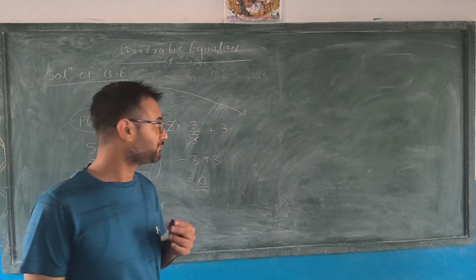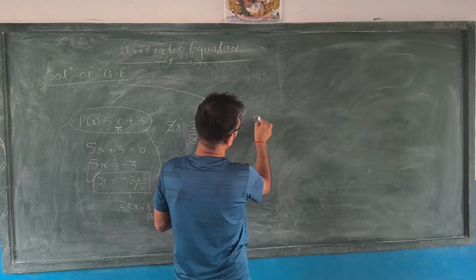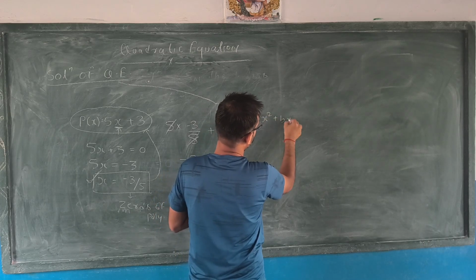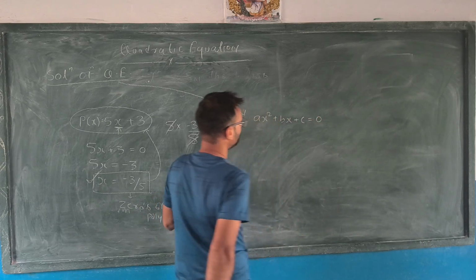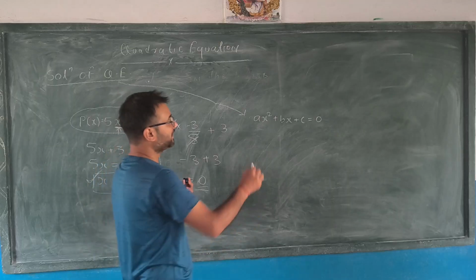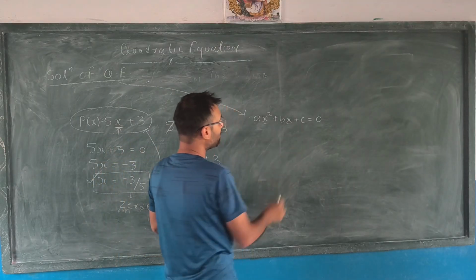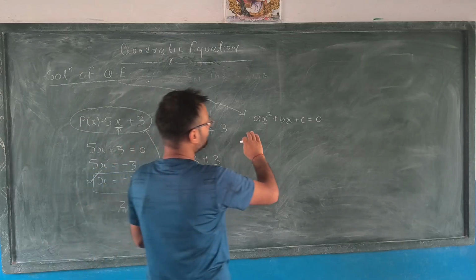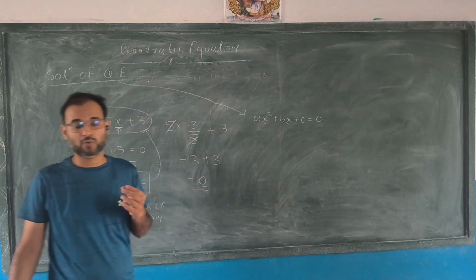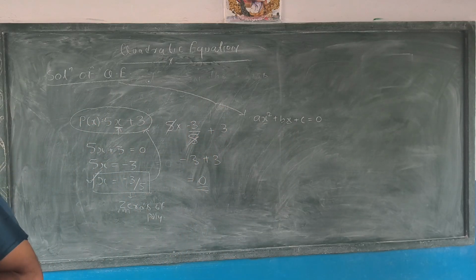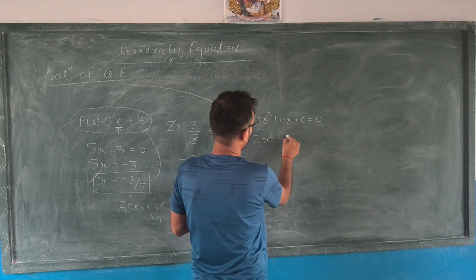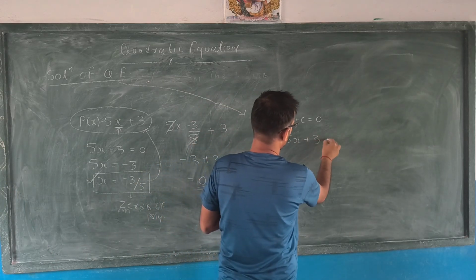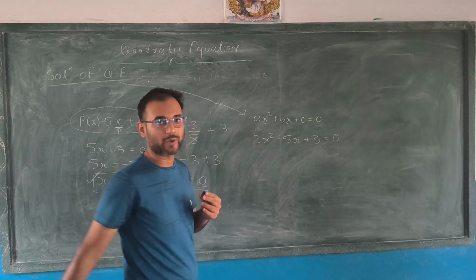we have the general form of the quadratic equation, ax square plus bx plus c. The value of the variable x satisfies that equation. How? Let us take an example, 2x square minus 5x plus 3. That is a quadratic equation.